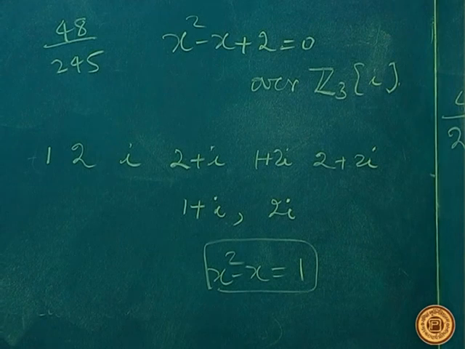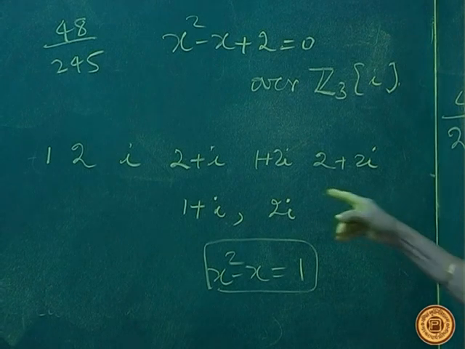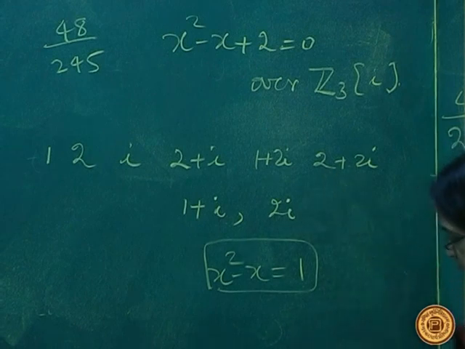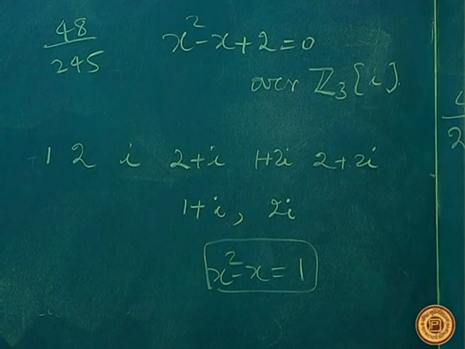So for that you need to consider all these squares and look at the table, make the table. I think the table is given in the book on page 239, and all you need to do is look at x squared minus x and see when that happens to be 1. You will find two solutions.